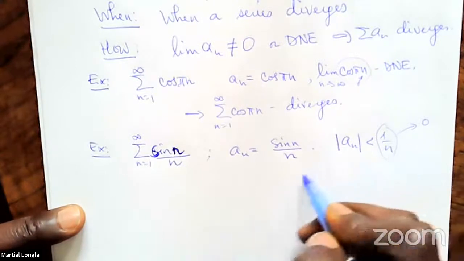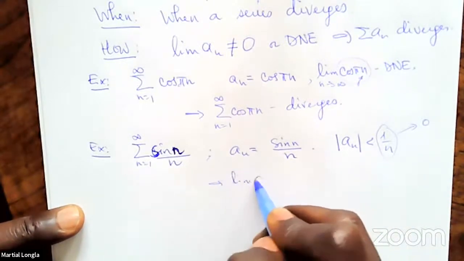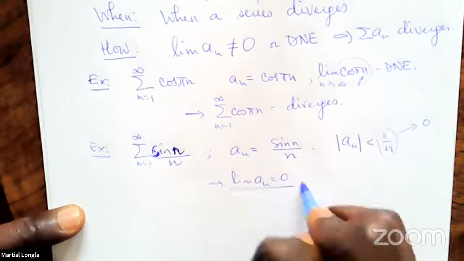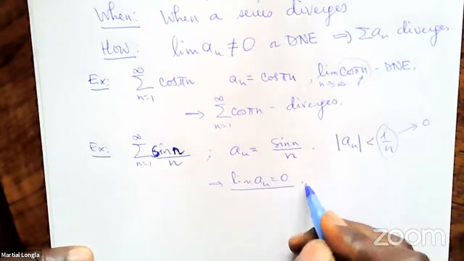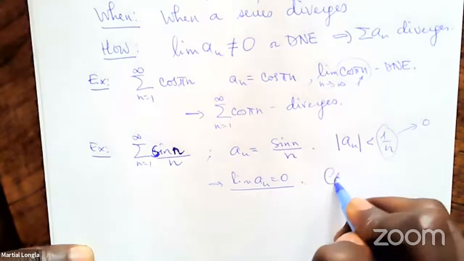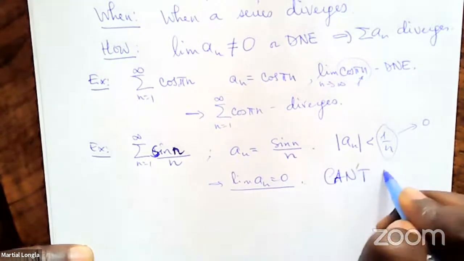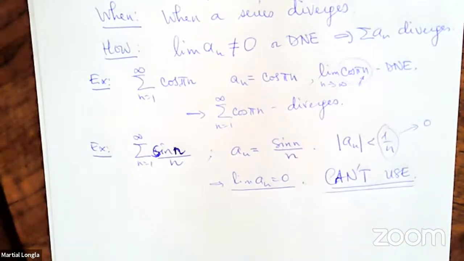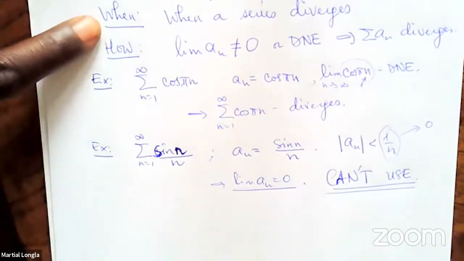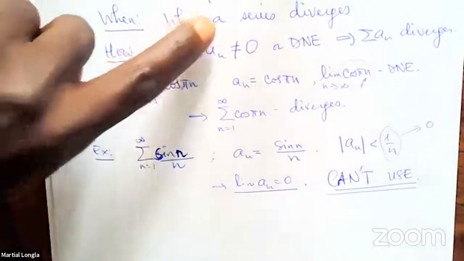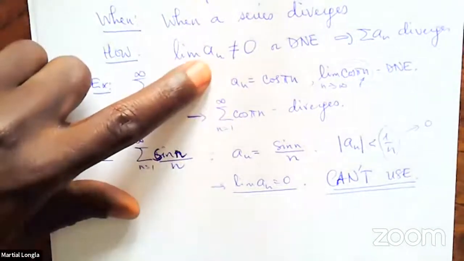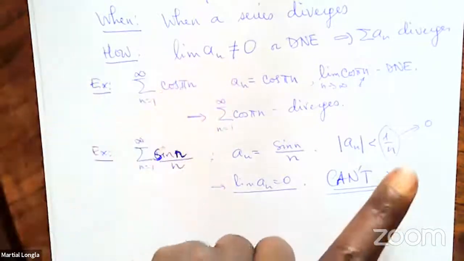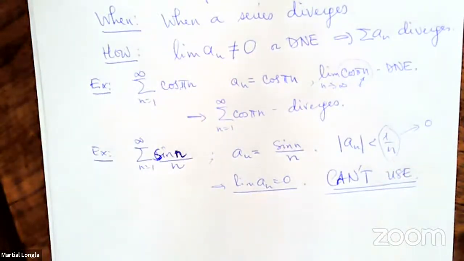So the limit of an is equal to 0. And because the limit of an is equal to 0, you can't use the divergence theorem. Because the question, when we had it, we said, when do we use it? When it diverges. And you need to know that the limit of an is not 0. Here you got a limit equal to 0, so you can't use the divergence theorem on that. Other questions?